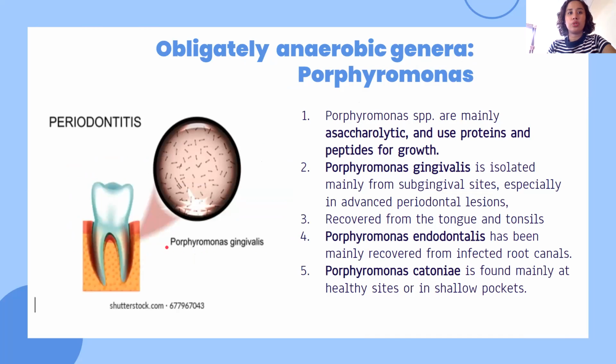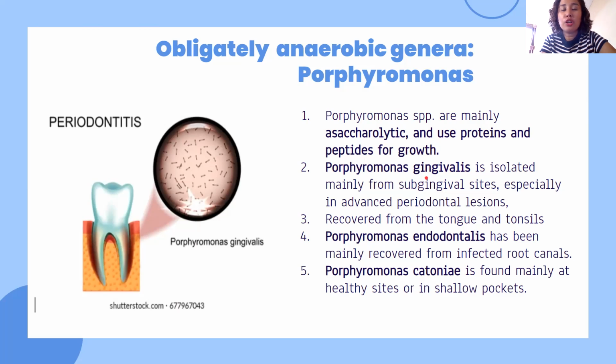Porphyromonas causes periodontitis. It is asaccharolytic, so it does not convert your sugars into acid. They don't care about sugars. They focus more on proteins and peptides. Peptides are the bonds that connect your amino acids together.